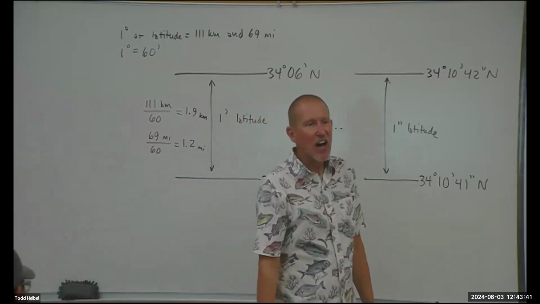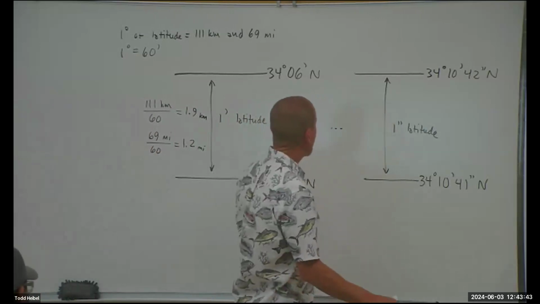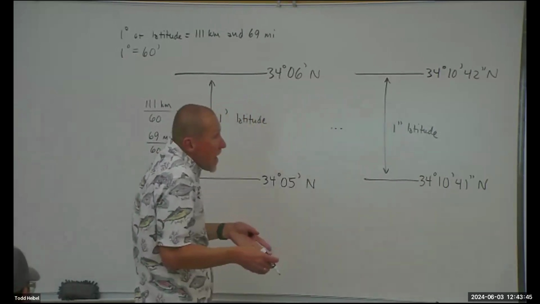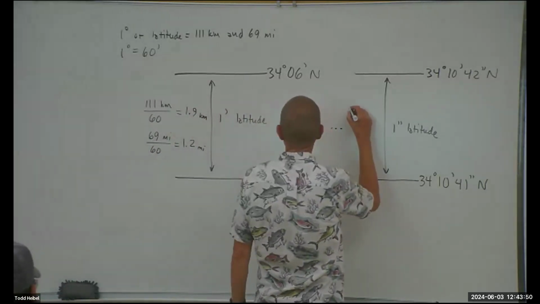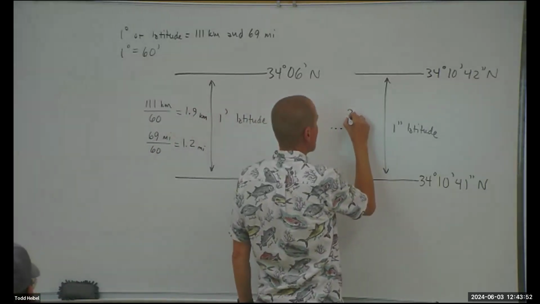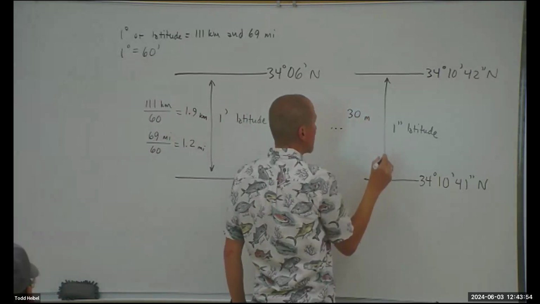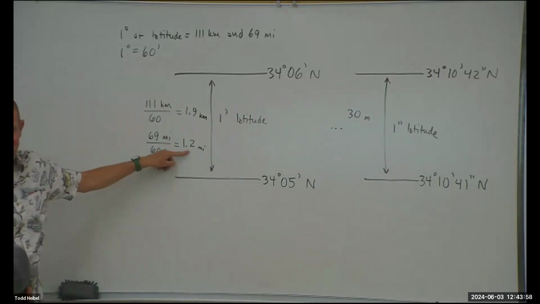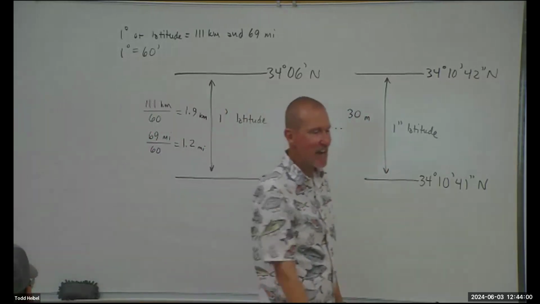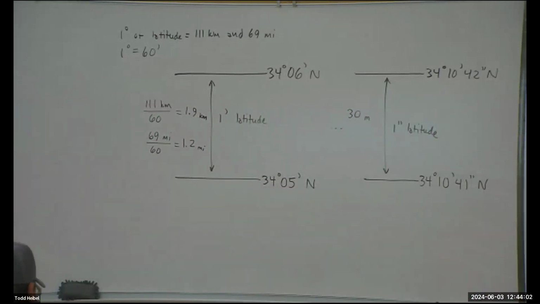Okay, I love it. So we're going to get around 0.03, so something like 30 meters. What if you take the 1.2 miles and divide that by 60?